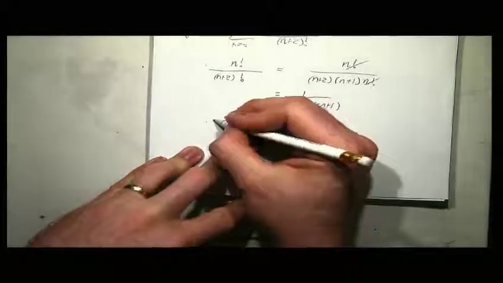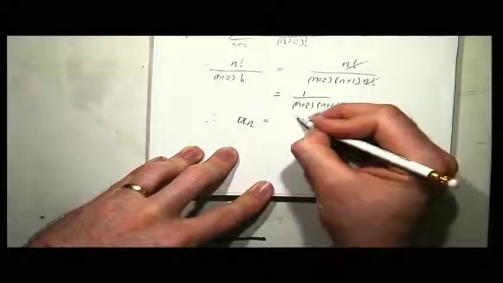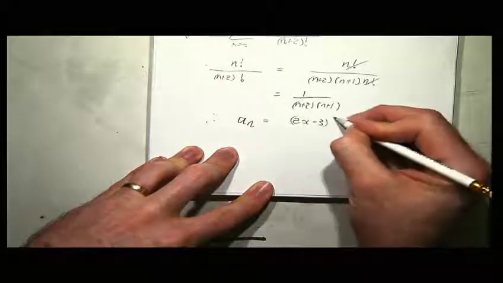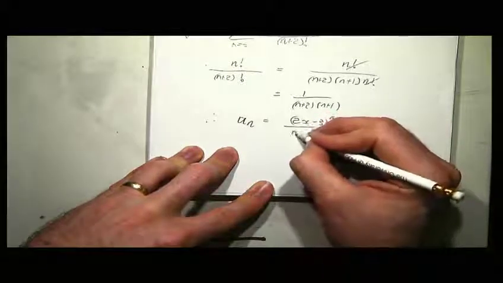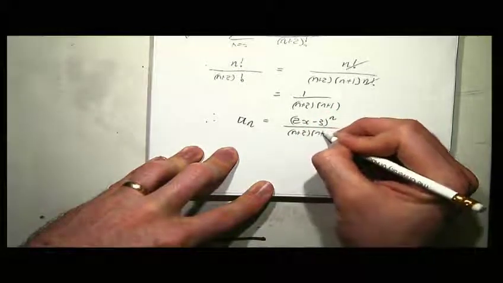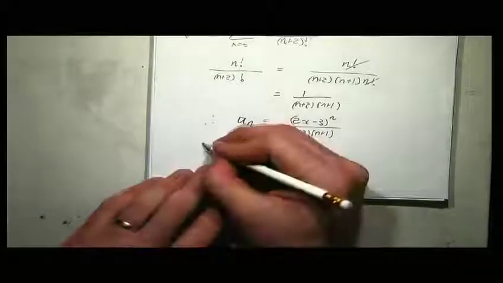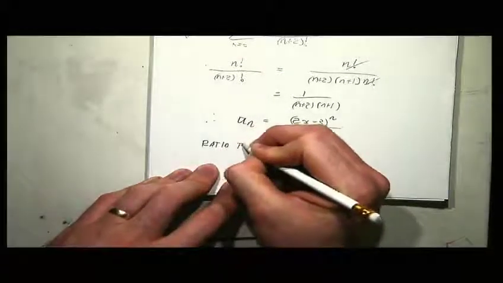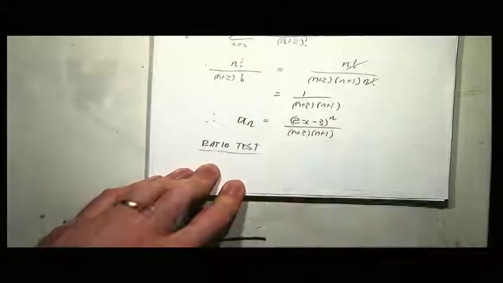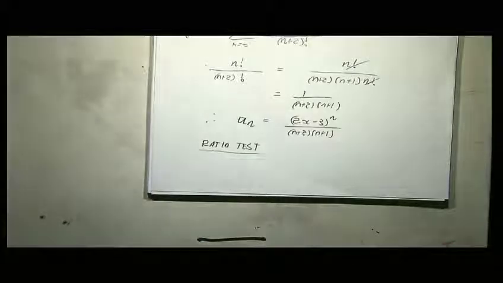So therefore my an is actually... okay. So I need to do the limit, do my ratio test. So I should point out that that step there normally doesn't happen until you do the ratio test. But if you can simplify before you start, it's usually a good idea.